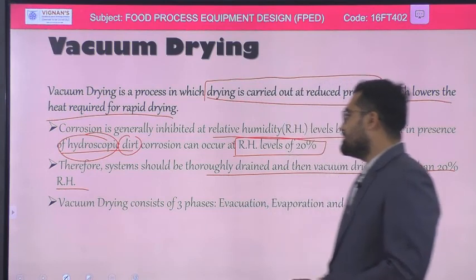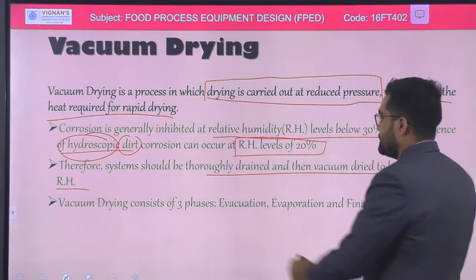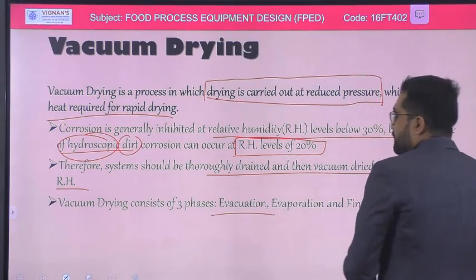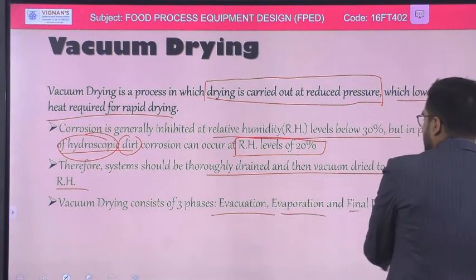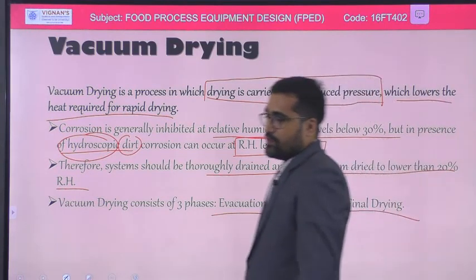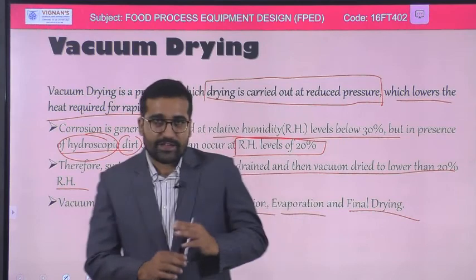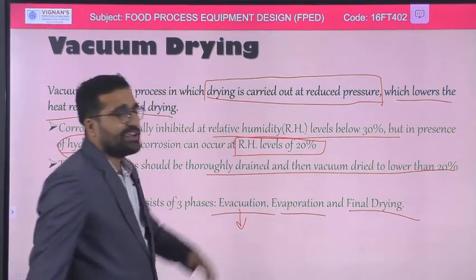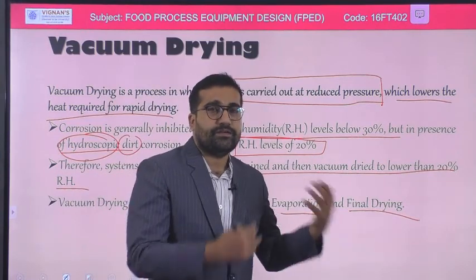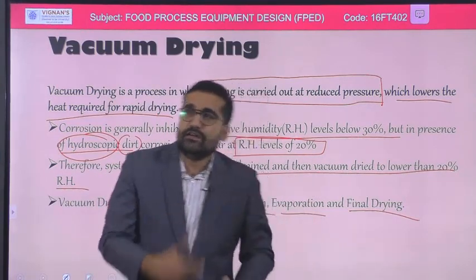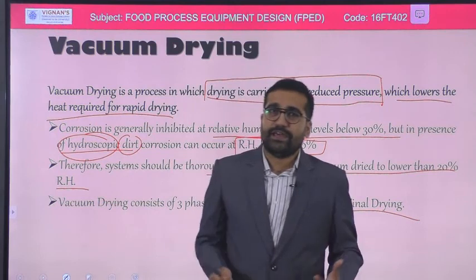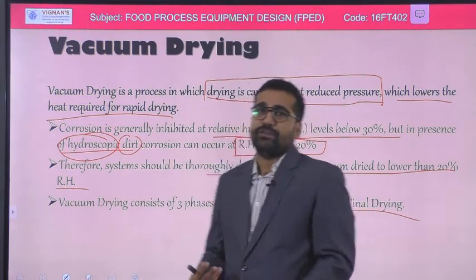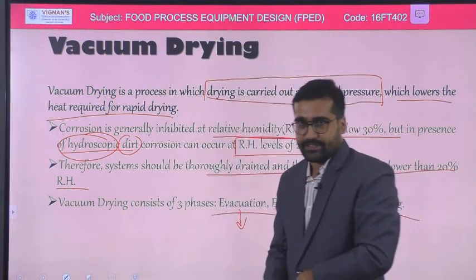Vacuum drying consists of three phases. First is the evacuation phase, then the evaporation phase, and finally the final drying. These three phases are there. First, the evacuation phase. Evacuation means removing all the gases or air present inside the vacuum dryer and reducing the pressure by creating a vacuum inside it.